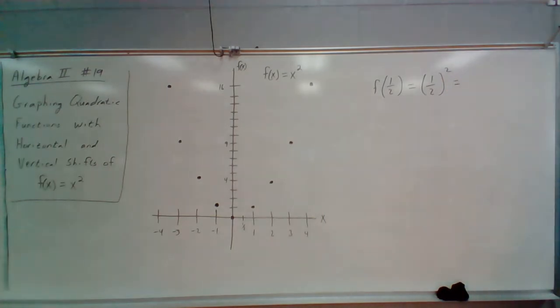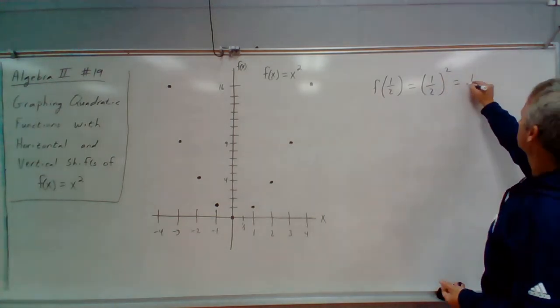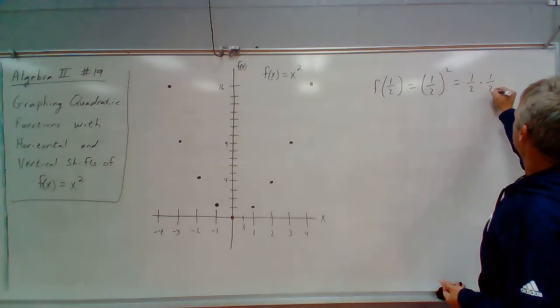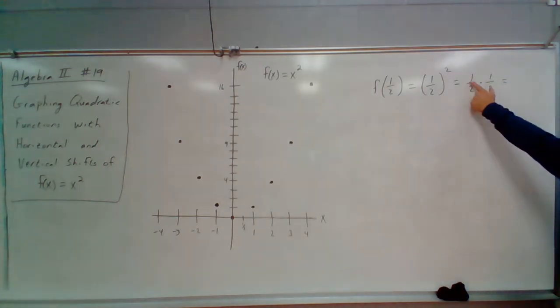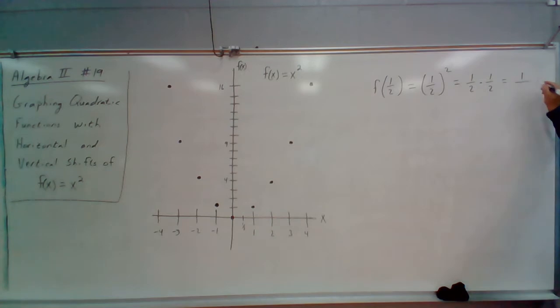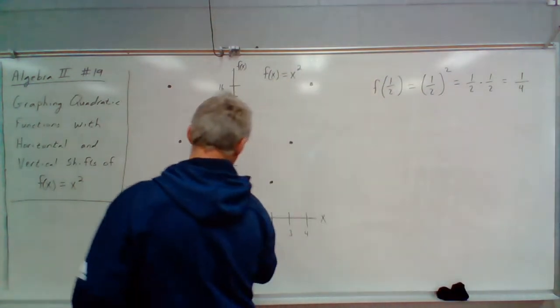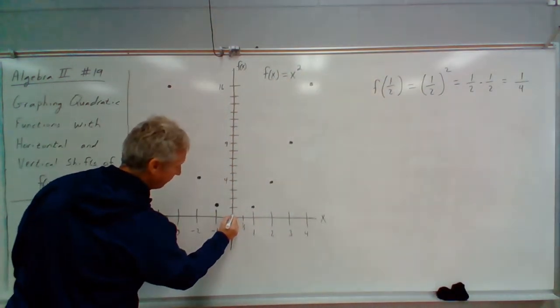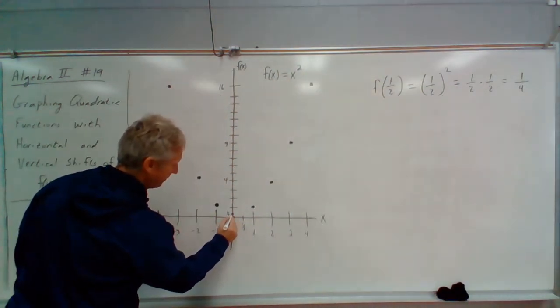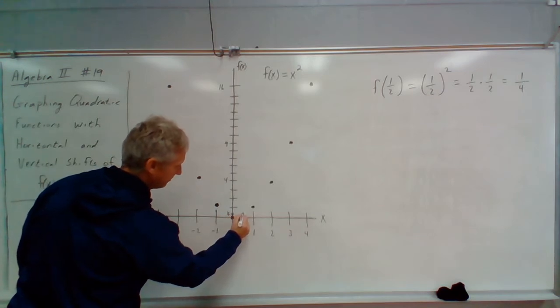Well, 1/2 times 1/2, we'll work this out really slowly. 1/2 times 1/2, 1 times 1 is 1, 2 times 2 is 4, so you get 1/4. So if I plug in 1/2, I get a 1/4 out. So I would get this point.